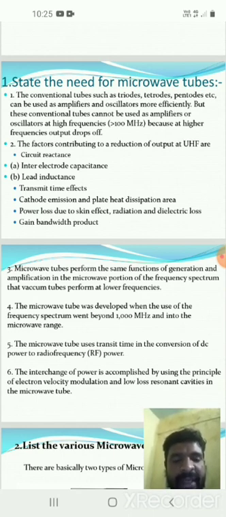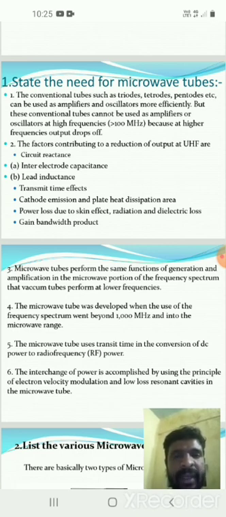First topic is state the need for microwave tubes. The conventional tubes such as triodes, tetrodes, pentodes, etc. can be used as amplifiers and oscillators more efficiently.